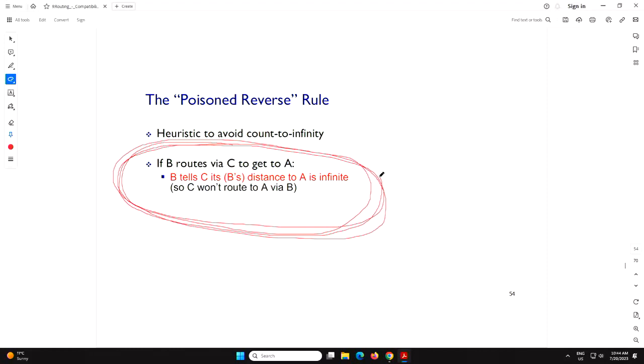So instead of increasing the number of columns in the table, you reduce the number of rows and still keep it 2 columns. Is that clear? So if C doesn't tell B that I have an attractive cost, then this problem wouldn't happen, right?